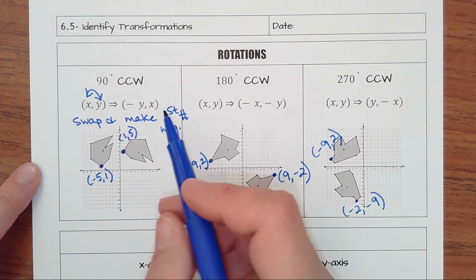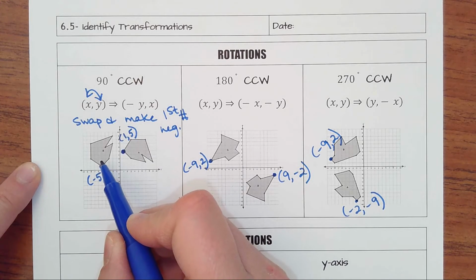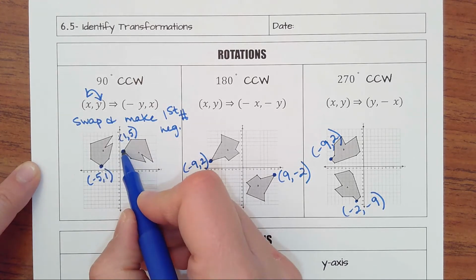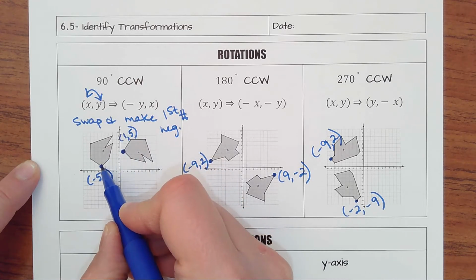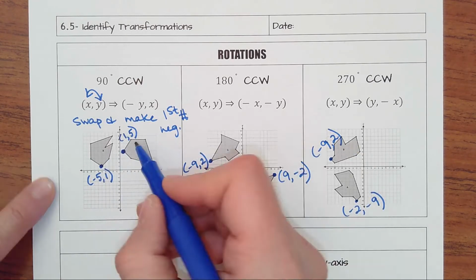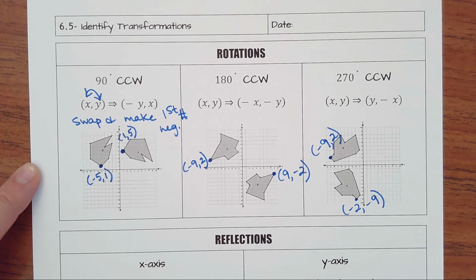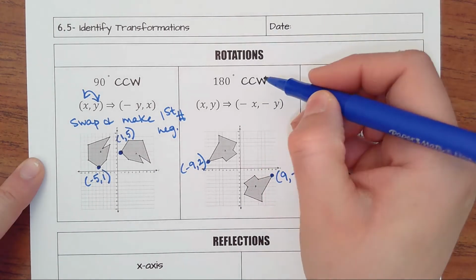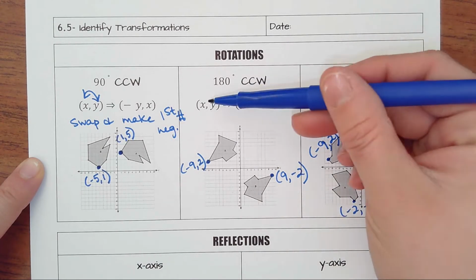Okay, so for example, if I were to take shape A and rotate it 90 degrees counterclockwise onto shape B, I picked one point here at (1, 5), and then that same point would be here at (-5, 1). So you can see that the 1 and 5 have been reversed, and it made the first number be a negative.